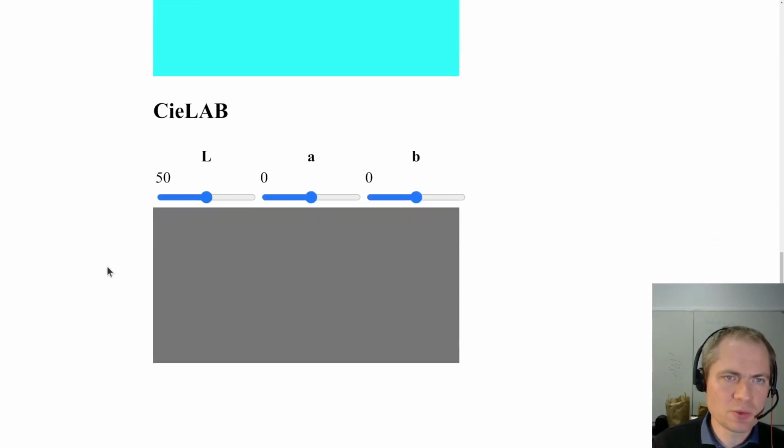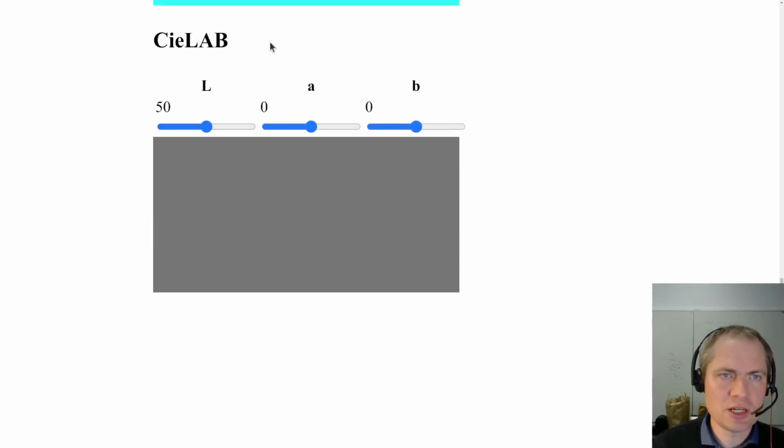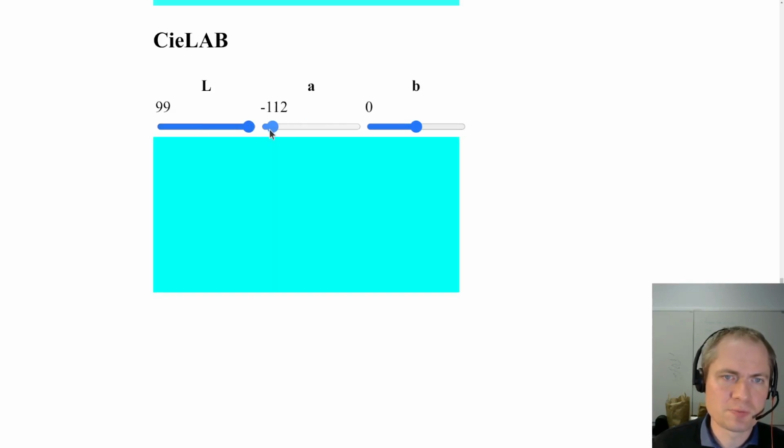The final color space I would like to introduce you to is the CIELAB, which is again a combination of three different components. We have the amount of light, or the luminosity, on this scale here, and then we have a balance that goes from blue to some kind of red.